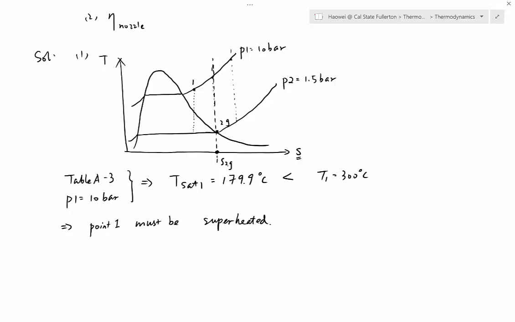If S1 is less than S2G, you have to make sure you put number 1 to the left of this reference line. If S1 is greater than S2G, then you have to put number 1 to the right of this reference line. And if S1 is equal to S2G, then you just put number 1 right on this line. Okay, so we need to find S1 and S2G.